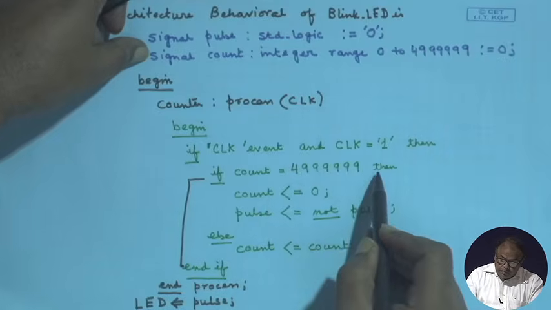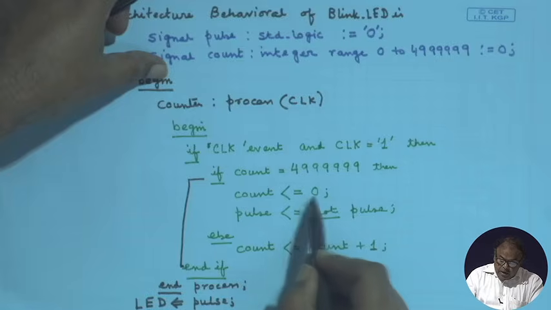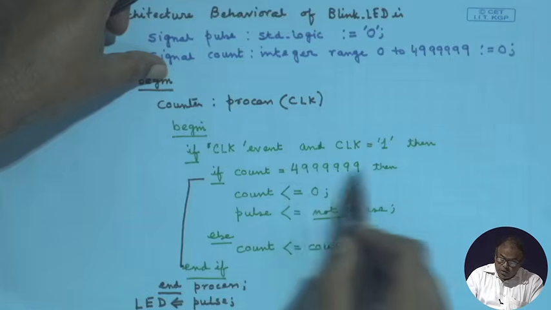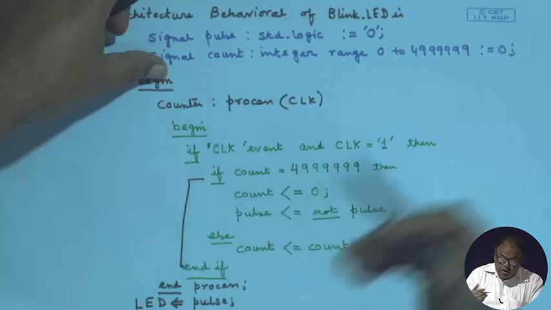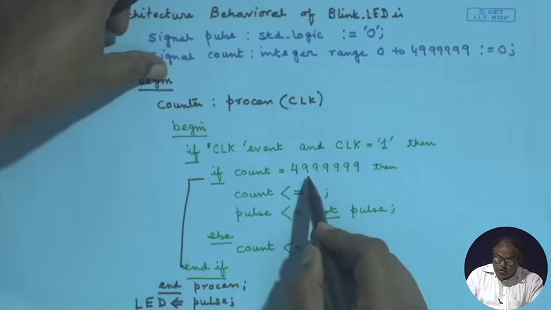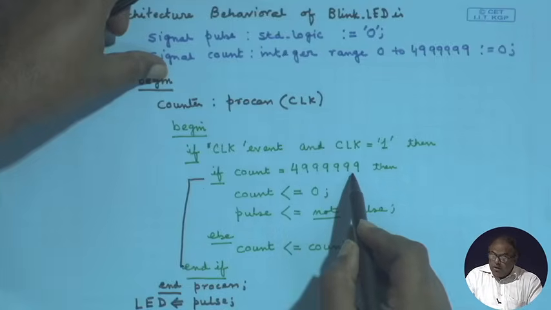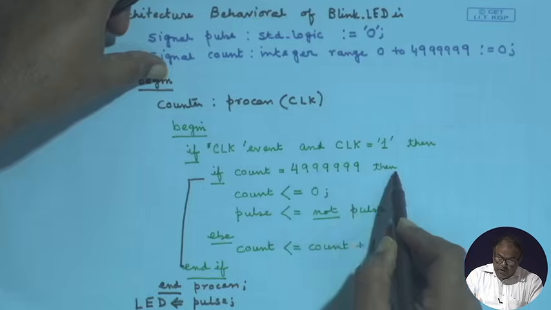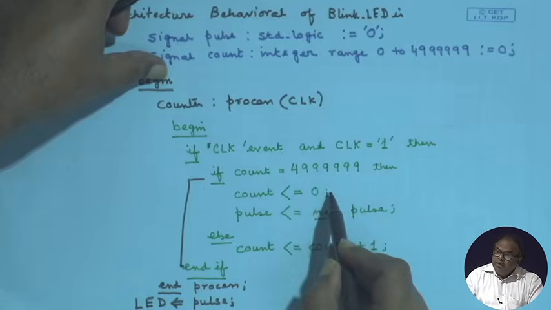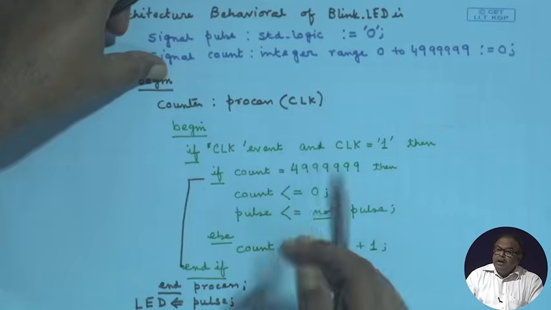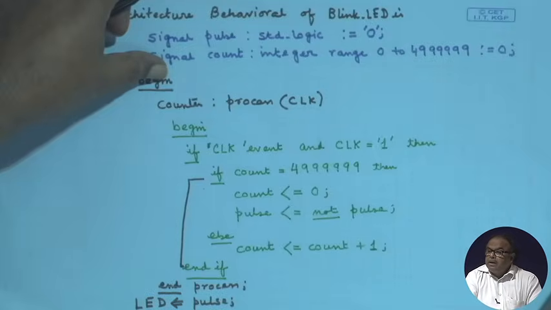Now, this count is being initialized to 0. As it is counting up, if the count is above this 50,000, then the count will be made 0 and I will be sending a pulse.